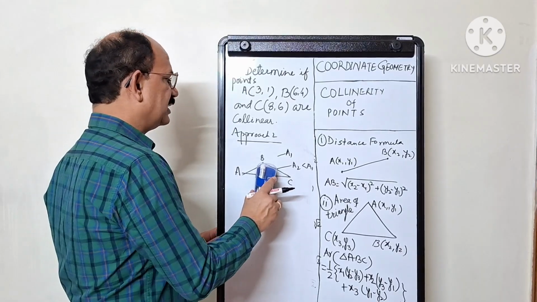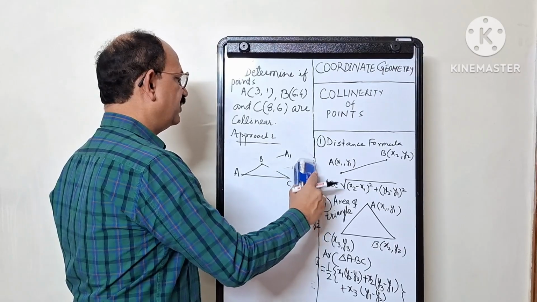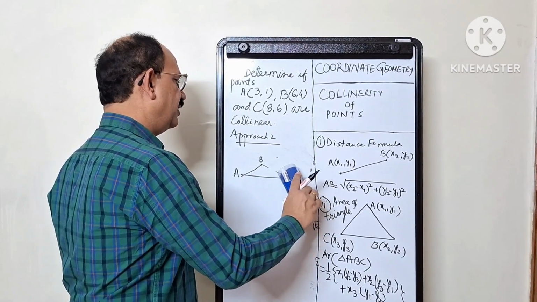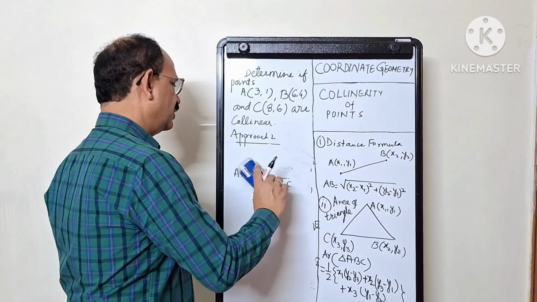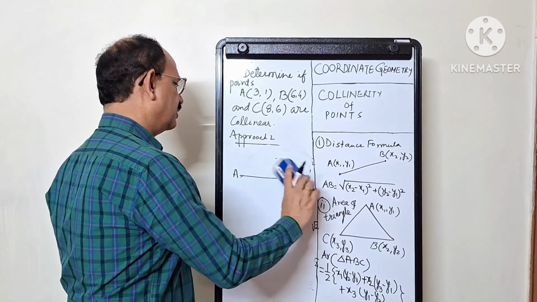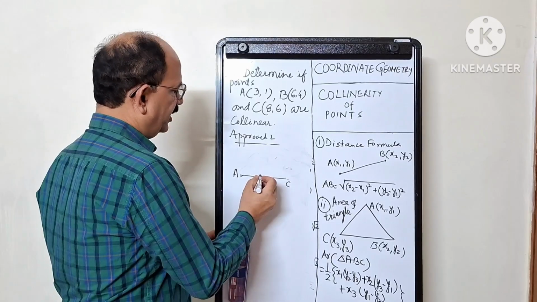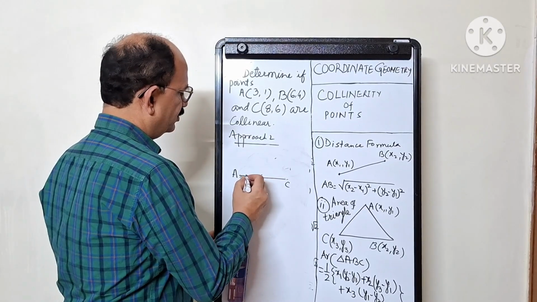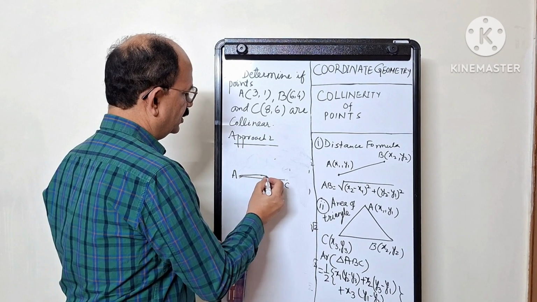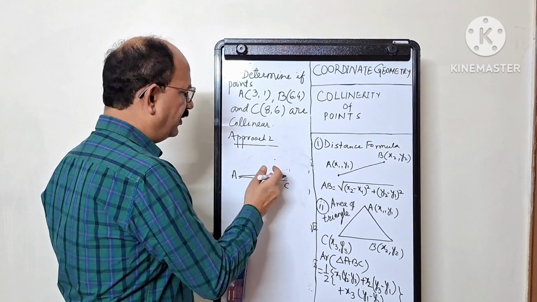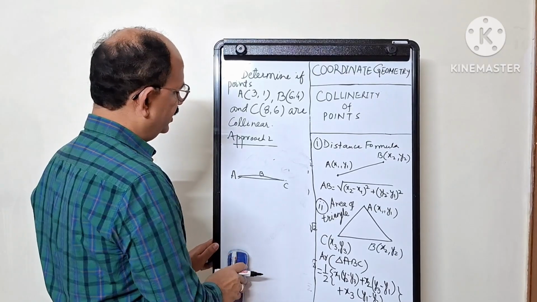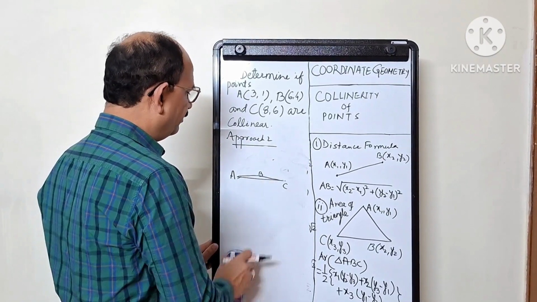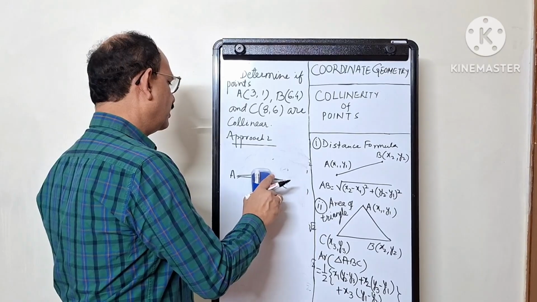Now, if we extend the same concept further, the area will further reduce, meaning thereby that if we bring B very close, then area will be further reduced. What if we bring B completely on this line? Let us see.